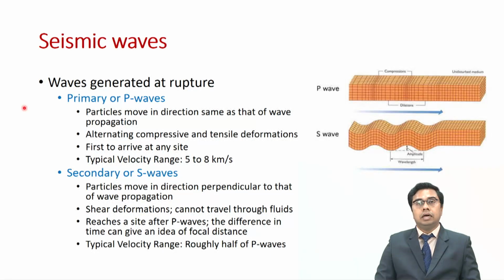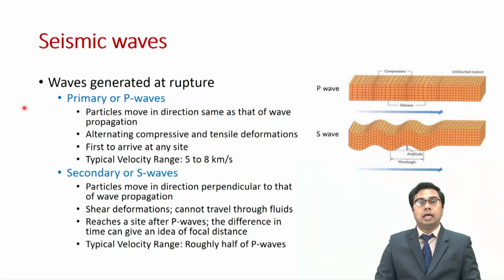On the other hand, secondary waves or S waves travel at roughly half of the speed of P waves, and in S waves particles move in a direction perpendicular to that of wave propagation, which means it is a transverse wave, and in this case shear deformation of the material takes place, and therefore S waves cannot travel through fluids.